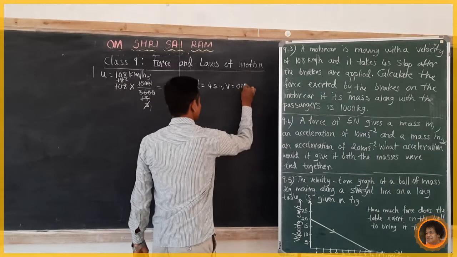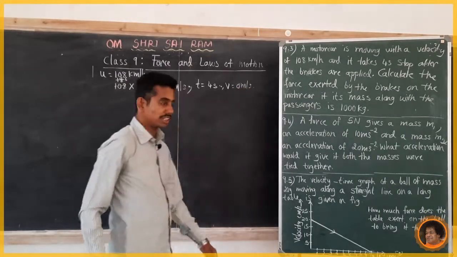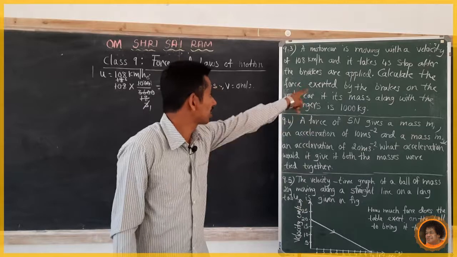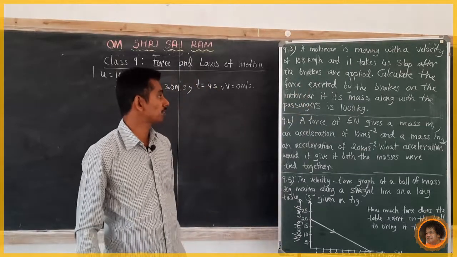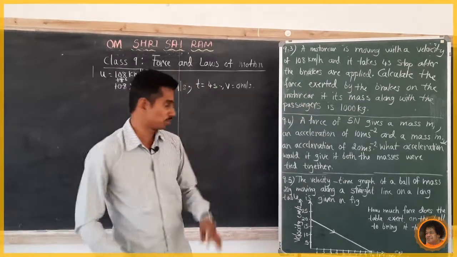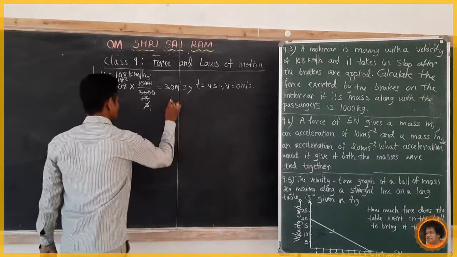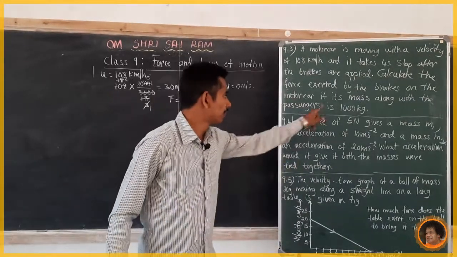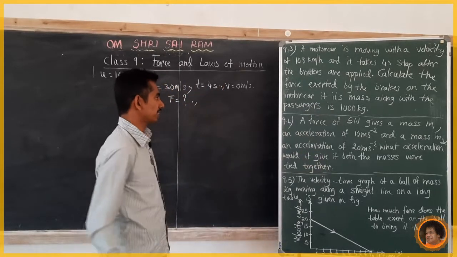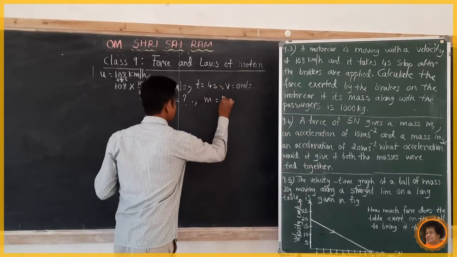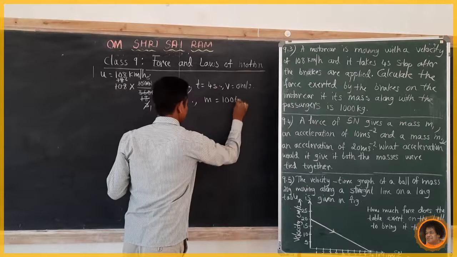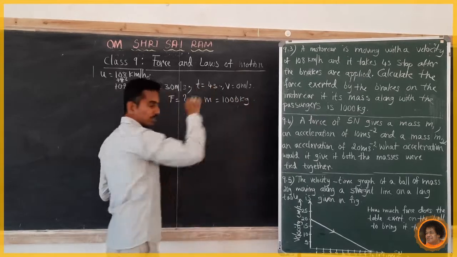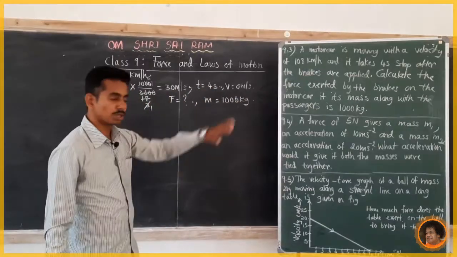It is 0 meter per second. Calculate the force exerted by the brakes on the motor car. Find the force. Mass along with the passengers is 1000 kg, also in the SI unit. So m equals 1000 kg.